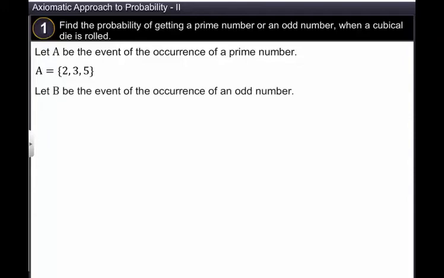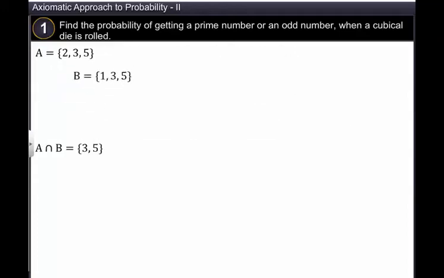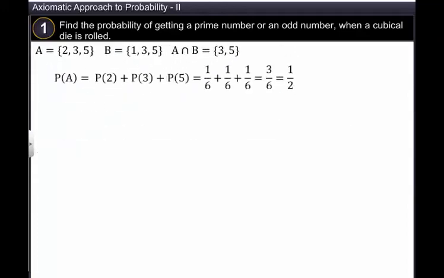Thus, A intersection B is the event of the occurrence of an odd prime number and consists of 3 and 5. Now, the probability of A is equal to 1/2. The probability of B is equal to 1/2. The probability of A intersection B is equal to 1/3.